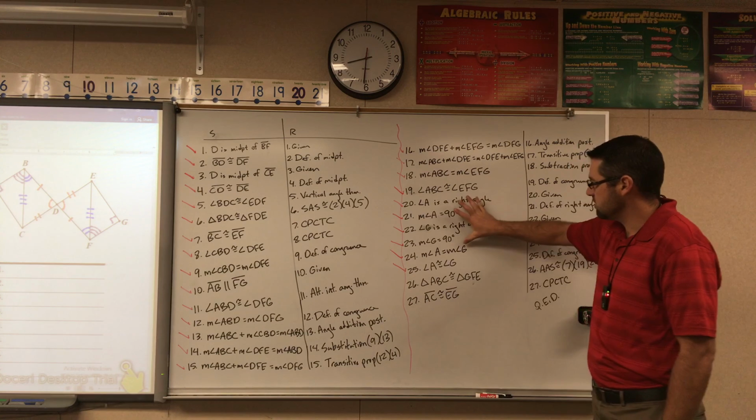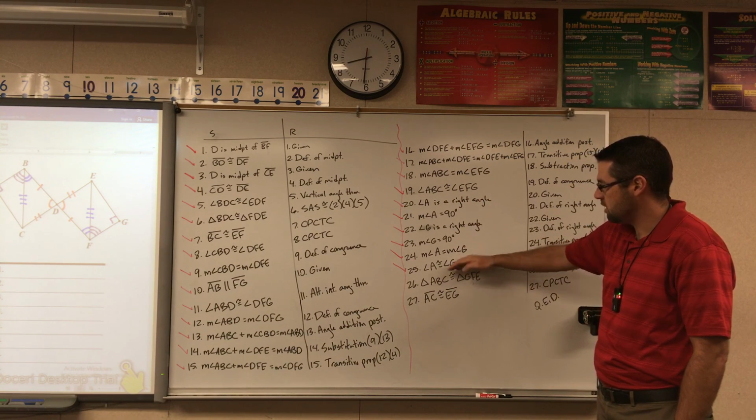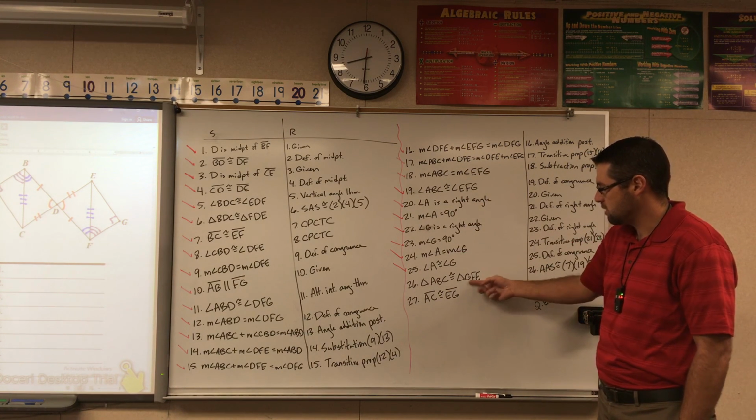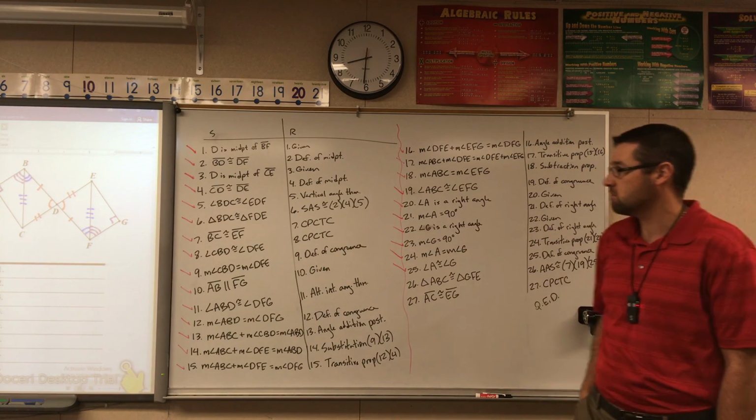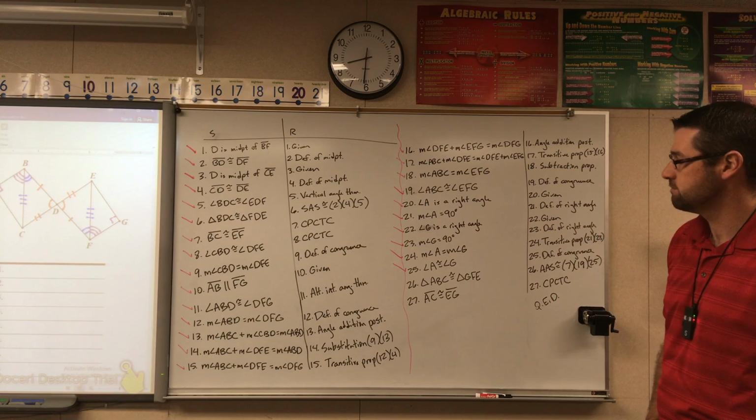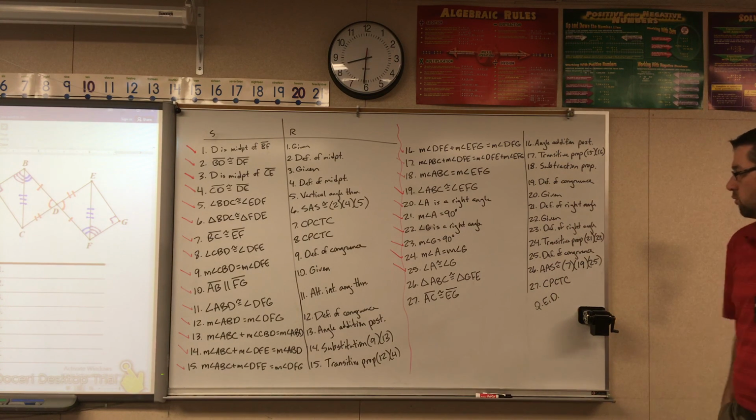And then this set of logic gives me these congruent, and then that leads me to triangle congruence, and then CPCTC. But in a sense, it's like you get a third of a point for each line. Well, it's 27 steps divided by 3 gives you 9.